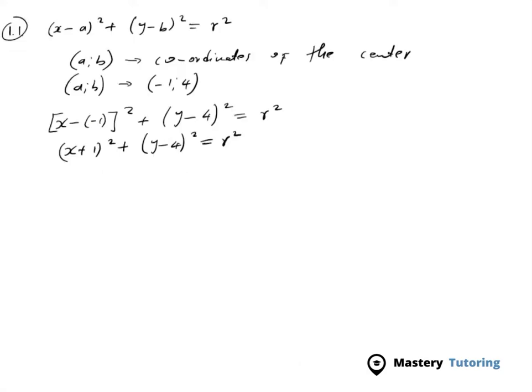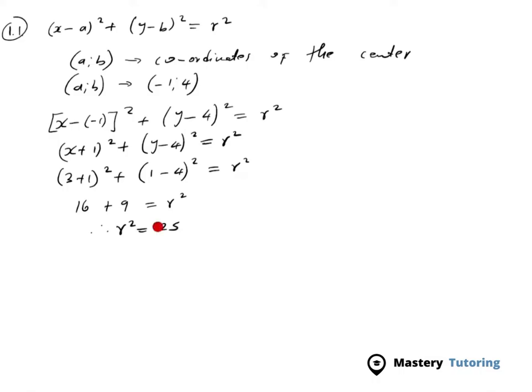So doing so, this is going to be (3 plus 1) squared plus (1 minus 4) squared is equal to r squared. Now this will give us 16 plus 9 is equal to r squared. Therefore, r squared is equal to 25.